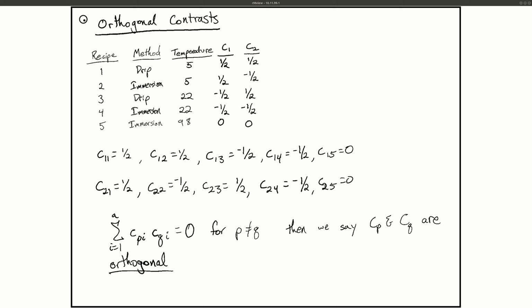And their primary benefit is that all of the tests that we do, these contrasts, these different comparisons of means, will be independent of one another, so that the result of one test won't affect the result of another test if they're orthogonal. So we'll see more examples of using orthogonal contrasts in the examples to follow and throughout the course as we go.